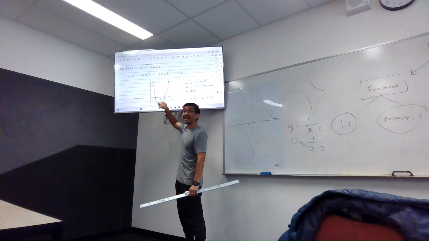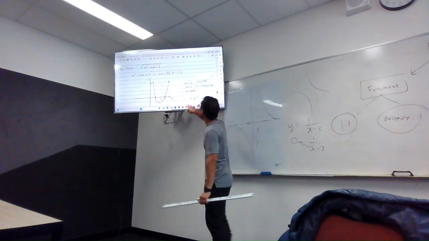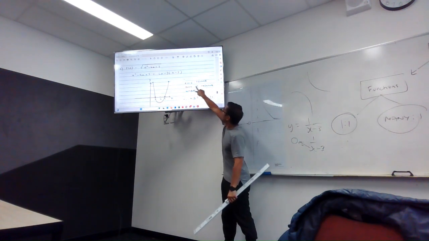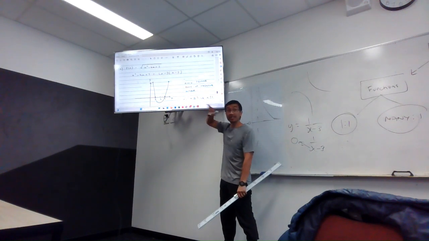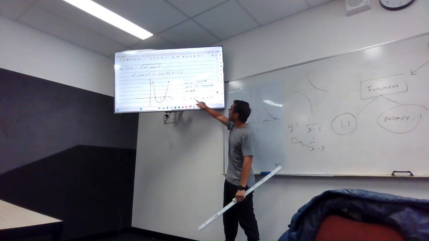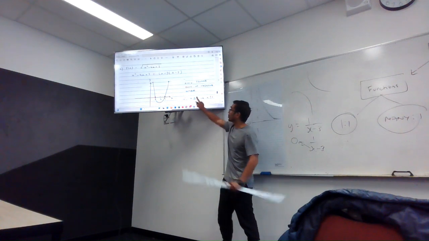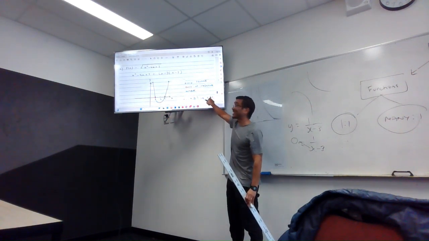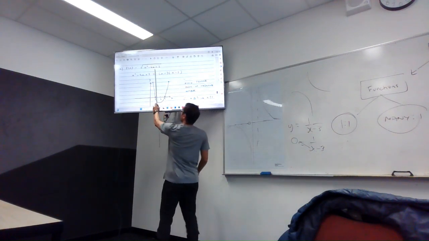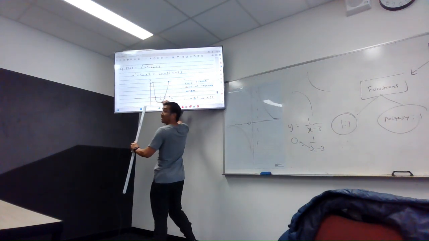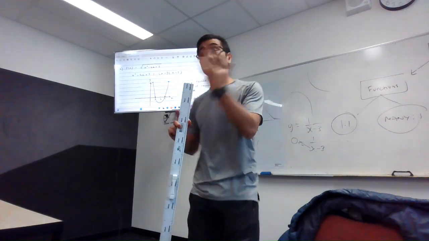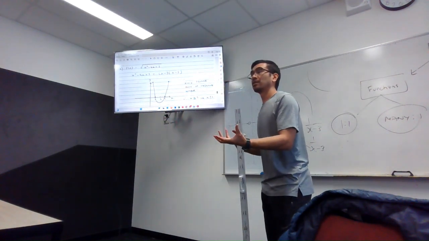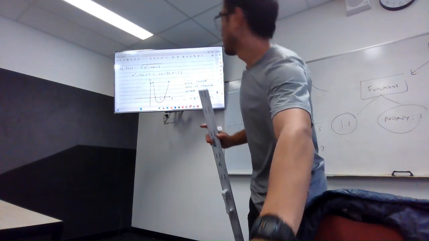That's the implied domain. So to avoid square root of a negative, which does not exist, we must have that x is greater or equal to 3, which is above, or x is less than or equal to 1, which is there. We are not interested in this negative bit. That's implied domain.